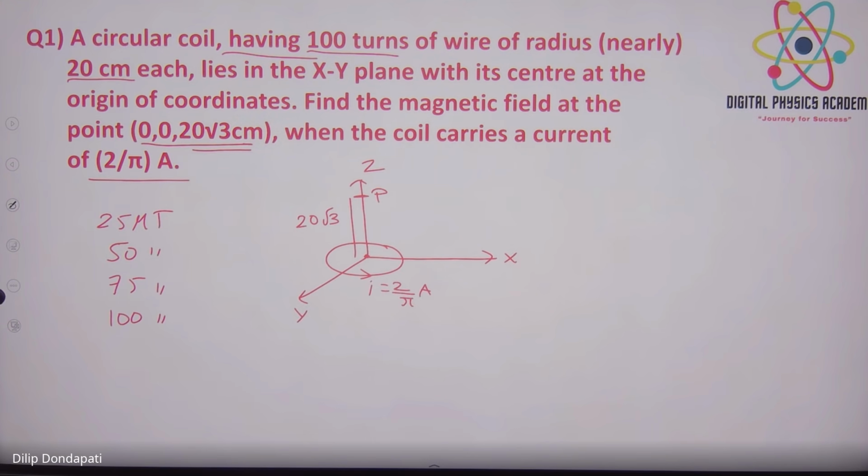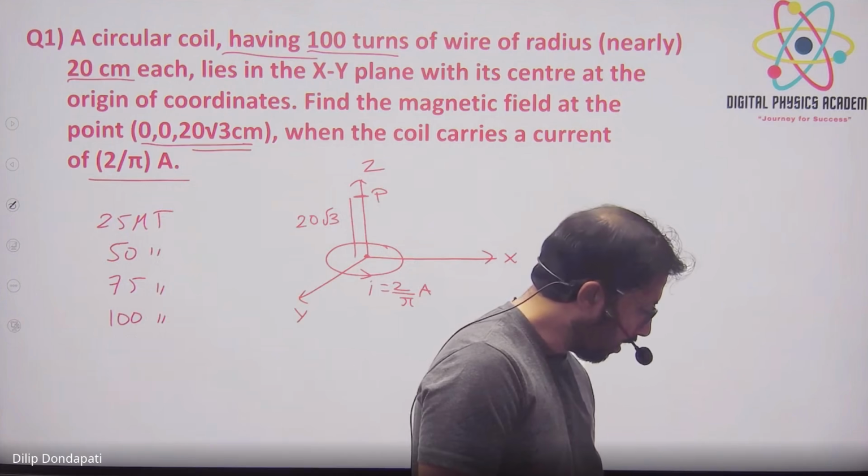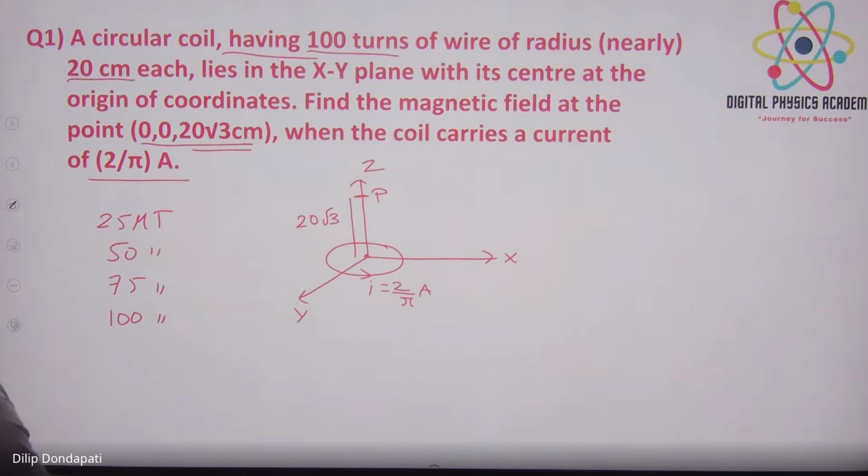And mu naught का formula value 4π into 10 power -7. So 25 mu Tesla. Micro Tesla, right? Yes, correct. 25 micro Tesla.